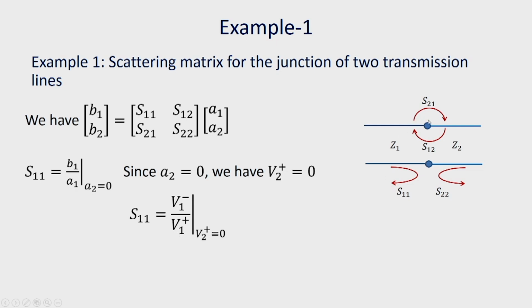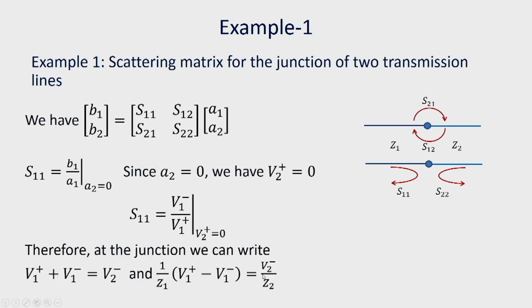Now, if we take this junction, we can write the voltage on the left hand side of the junction as V1 plus plus V1 minus. On the right hand side of the junction, we have already argued that V2 plus is 0.